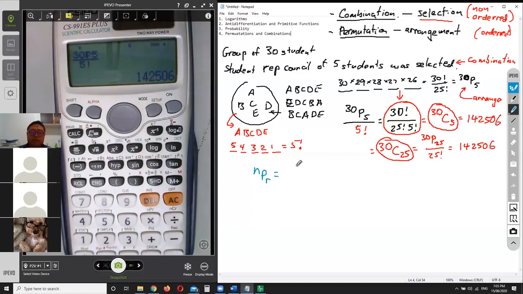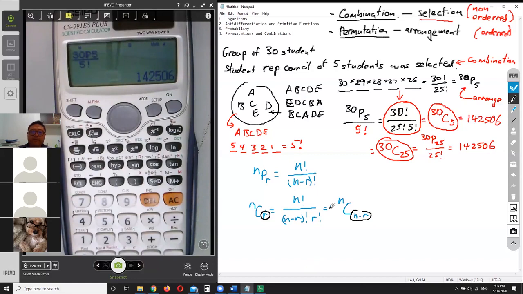Let me end by saying this. nPr is equal to n factorial over n minus r factorial. nCr is equal to n factorial over n minus r factorial times r factorial, which is also equal to nC(n minus r).